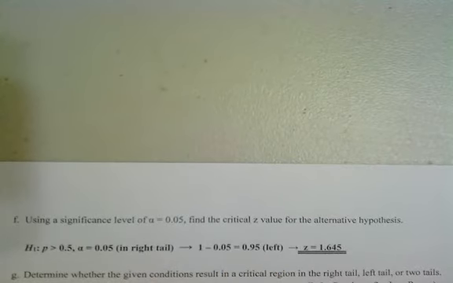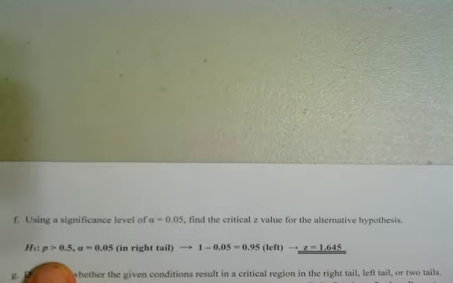So again, for the greater than case, the alpha is in the right tail. It's on the extreme. We don't want to the right, we need to the left, because that's what the table is. It's always area to the left. So we have to subtract from 1 to get 0.95. When we look up an area of 0.95 within table 4, that tells us the critical z-score value is 1.645.